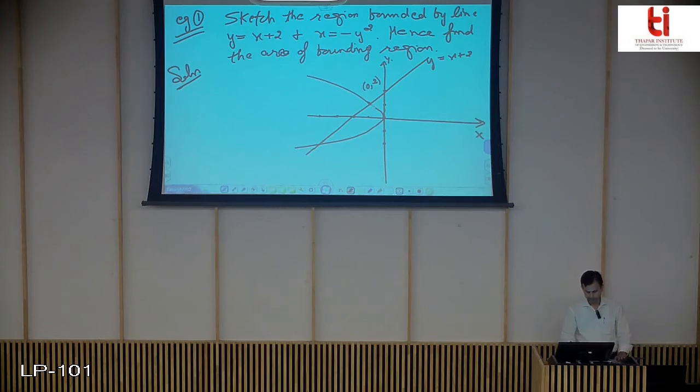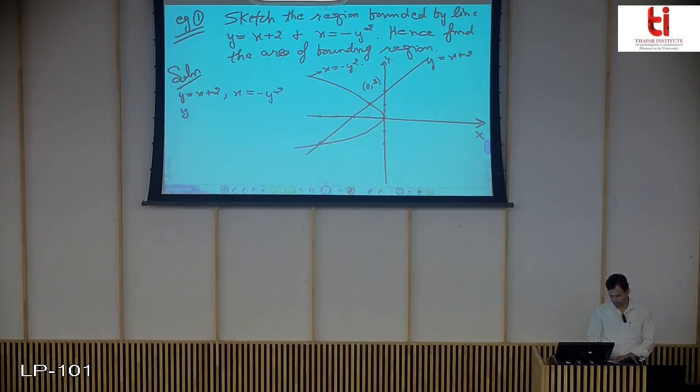So now you can see here is a point of intersection, and here is another point of intersection. The first thing is that we should find the points of intersection, so that you can easily see where the curves given for the region of integration are intersecting. So y equals x plus 2 and x equals minus y square.